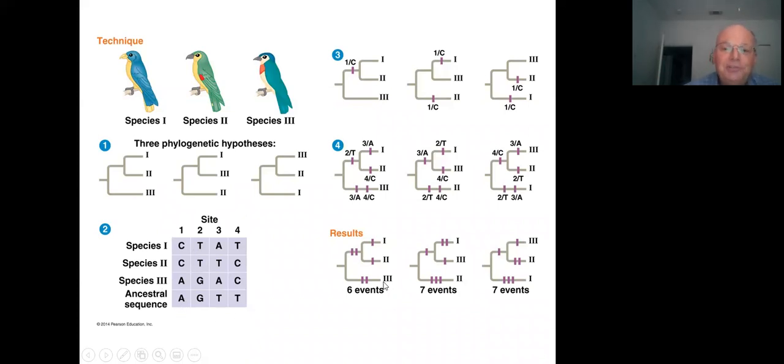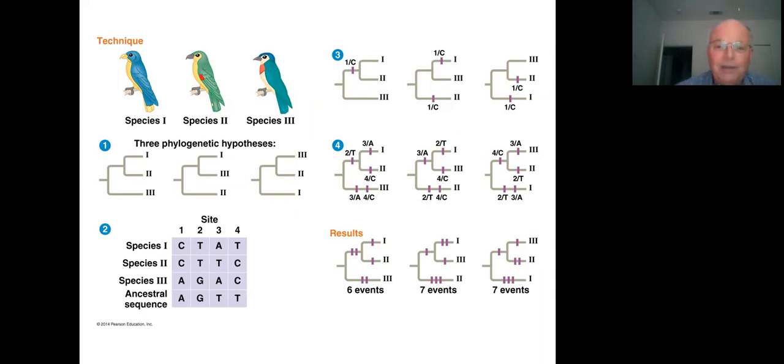And so that suggests that 3 is more basal to the tree than 1 and 2. And actually 3 is more basal to both 1 and 2. And so this is a simpler explanation. And it also results in the fewest genetic changes. So it also is in line with maximum likelihood.